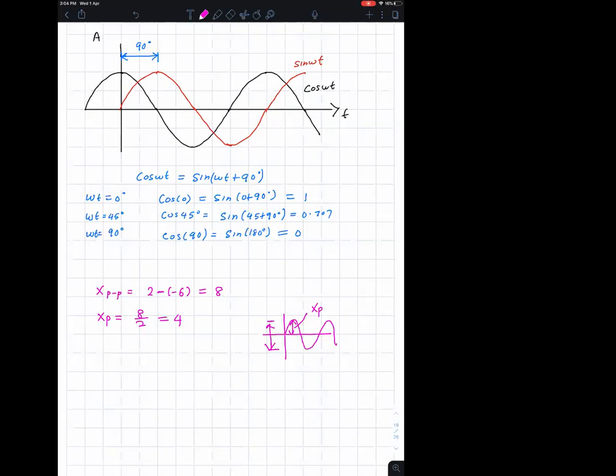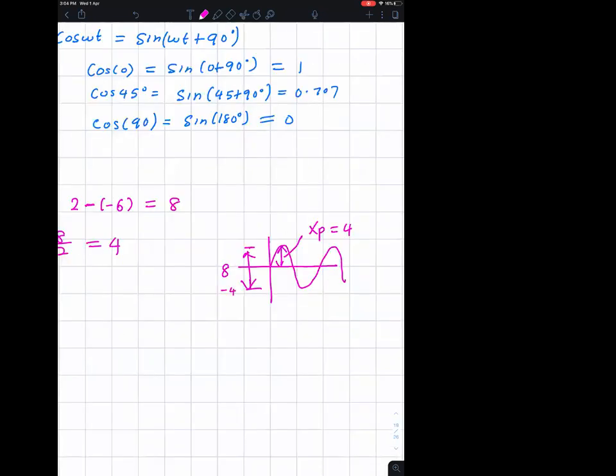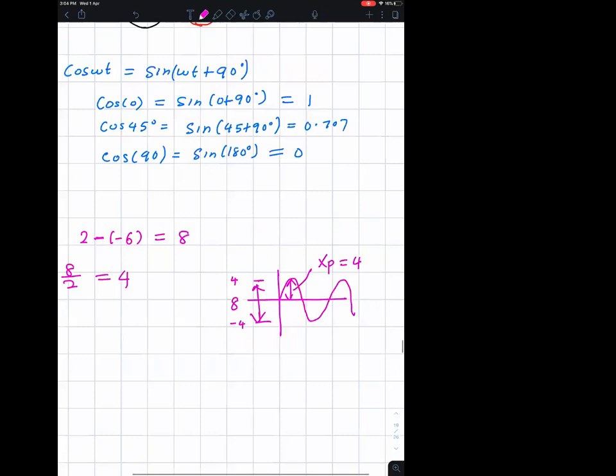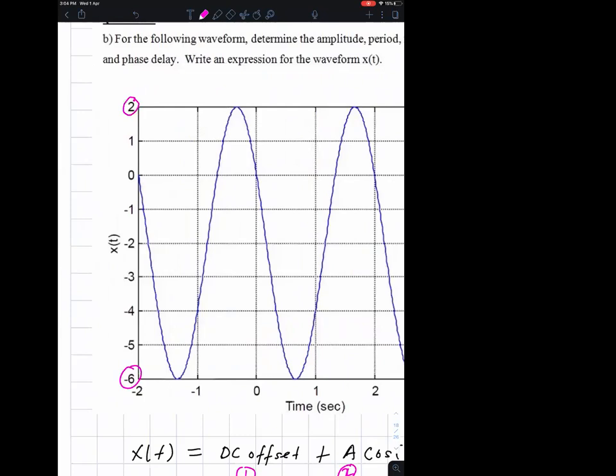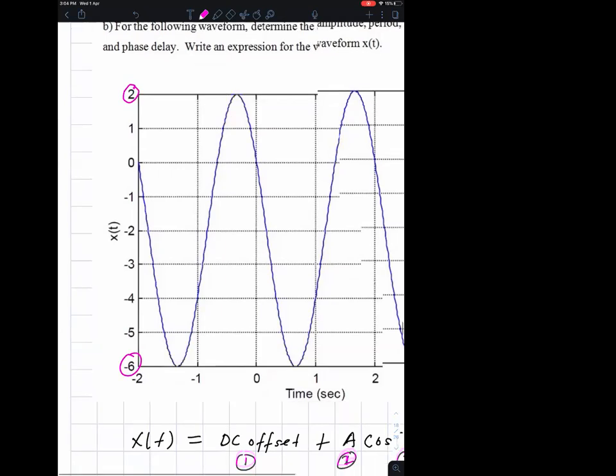And now we come to this wave and you see the peak. If this wave is centered properly, the lower value is -4 and the upper value will be 4. But now because there's a DC offset, the lower value and upper value are not the same amplitude, though the amplitude is supposed to be the same. The peak value is 2, the negative peak value is -6. So how can I center it?